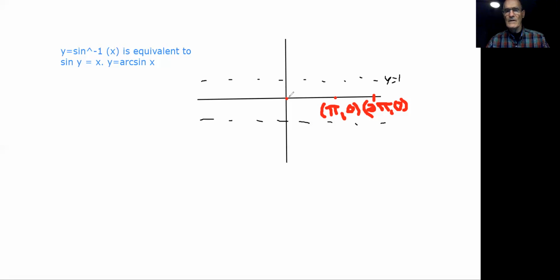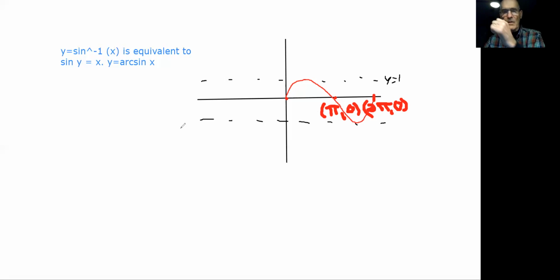So we can draw the sine curve now. It will come up to 1 at pi over 2, come back down to 0 at pi, down to minus 1 at 3 pi over 2, and back up to 0 at 2 pi.